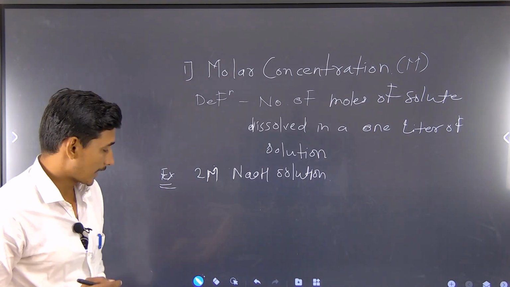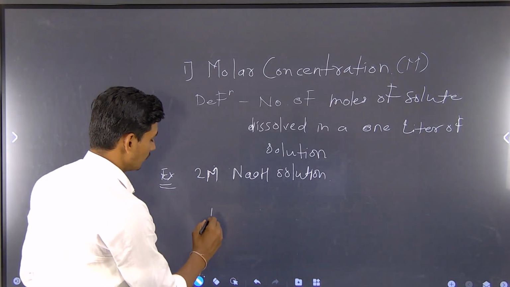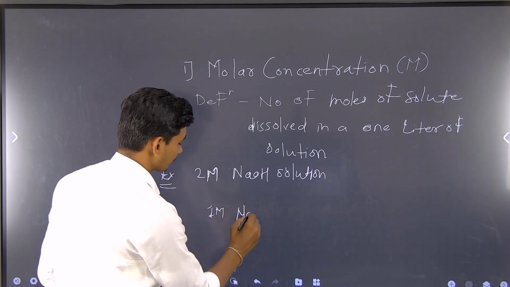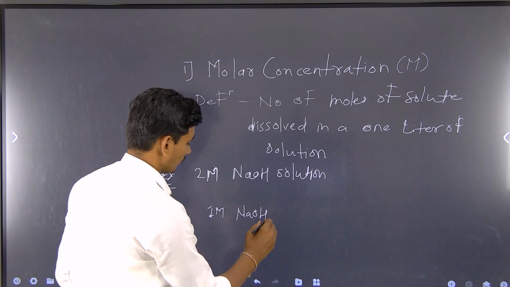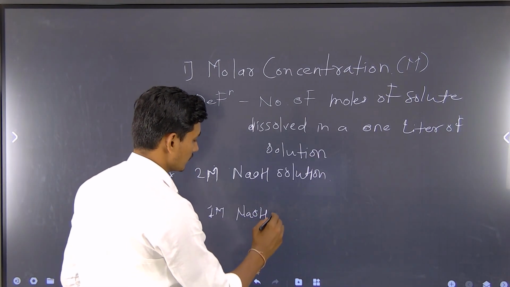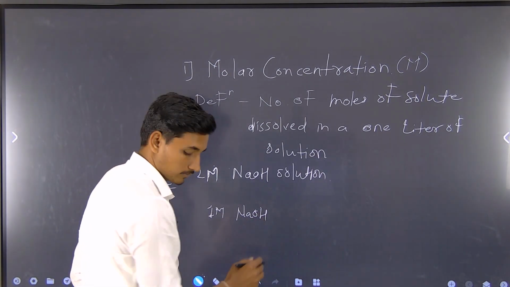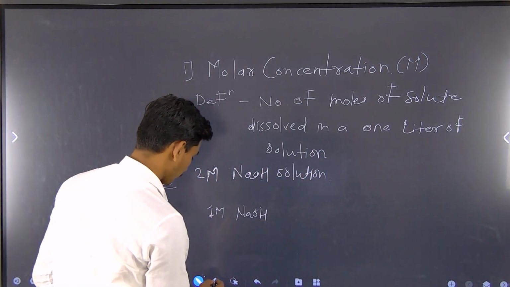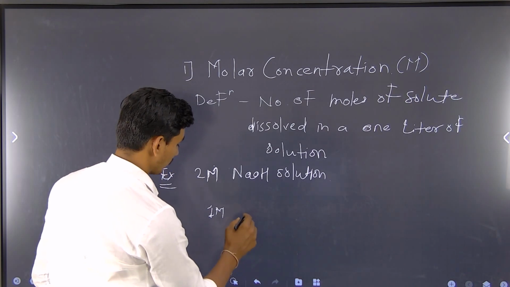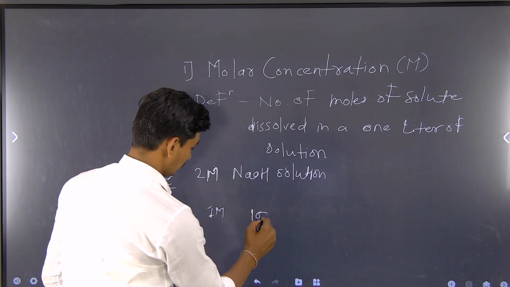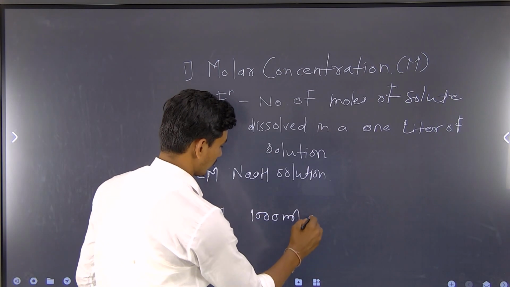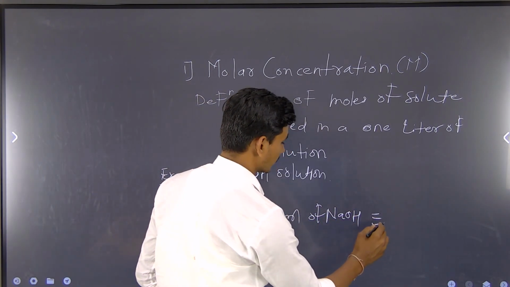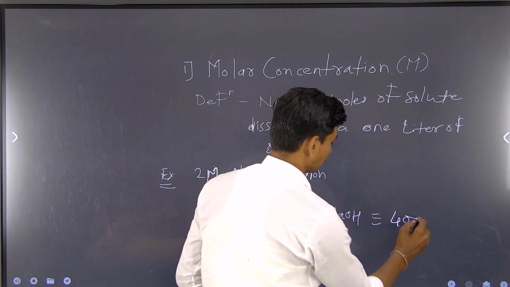The standard equation is that 1 molar NaOH, 1000 ml of NaOH solution, corresponds to 40 gram of NaOH.